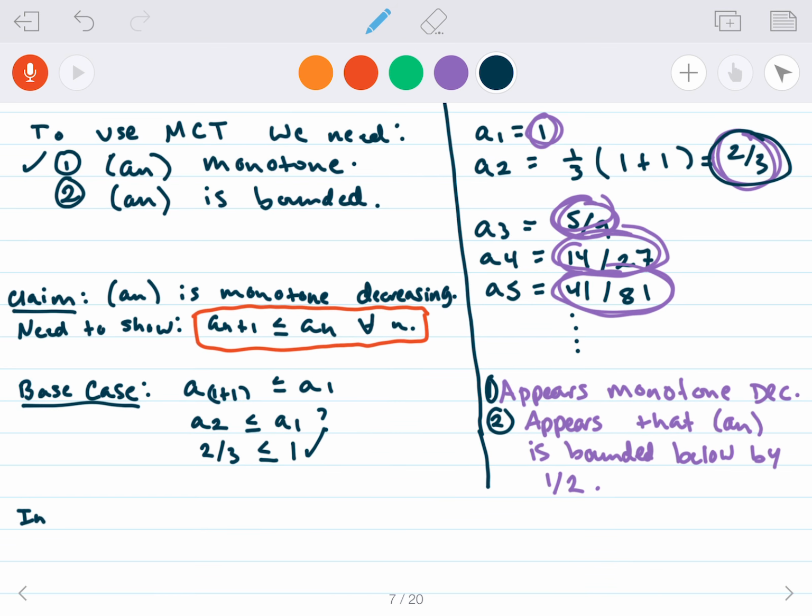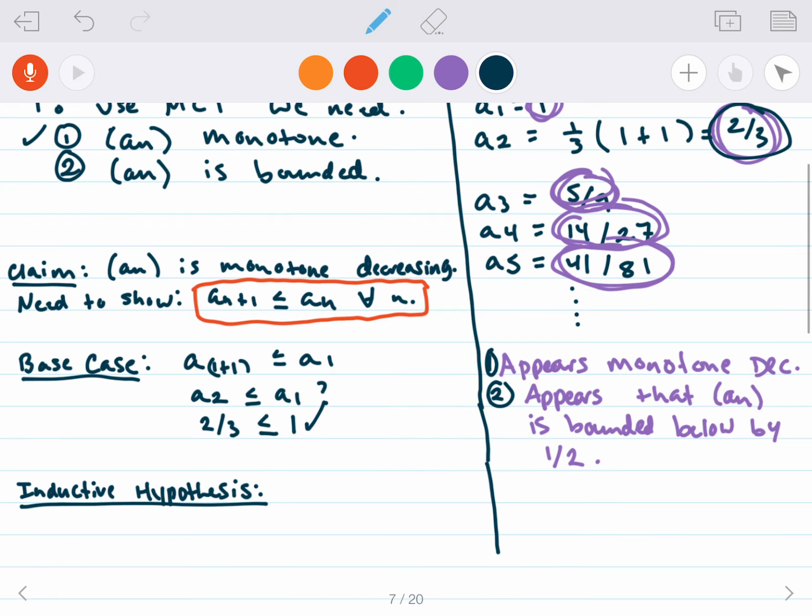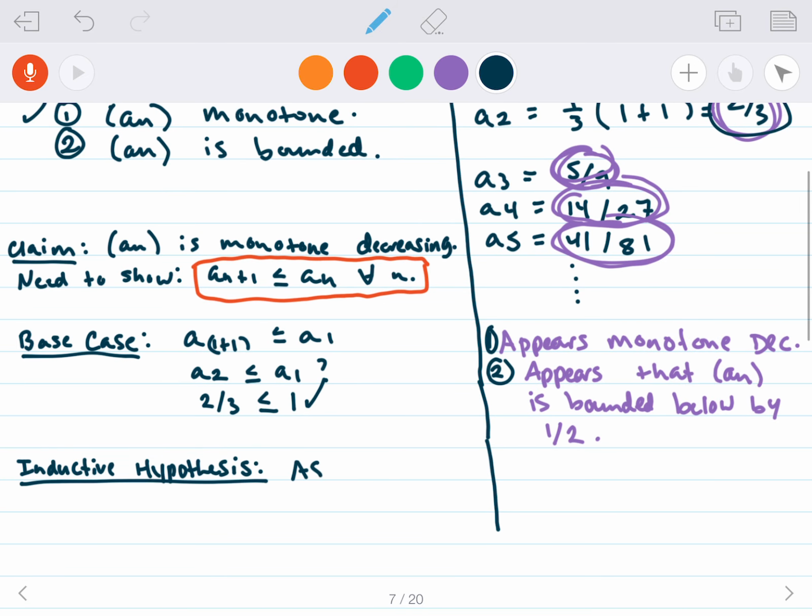All right, so for our inductive hypothesis, we're going to assume that a sub n plus 1 is less than or equal to a sub n for all n bigger than or equal to 1.